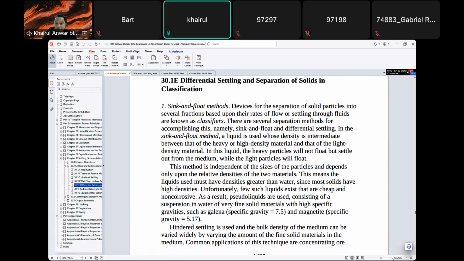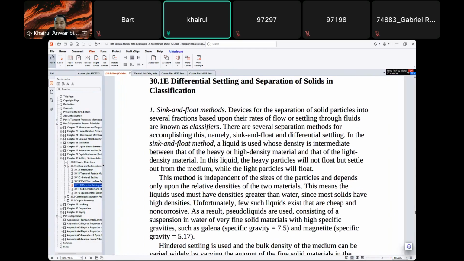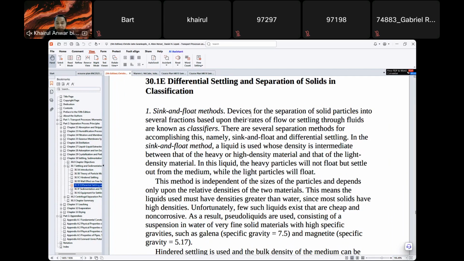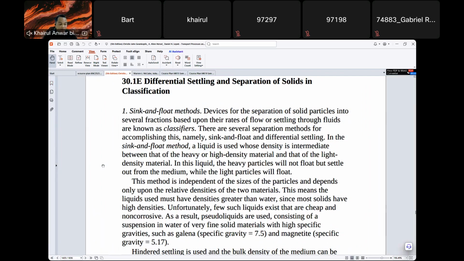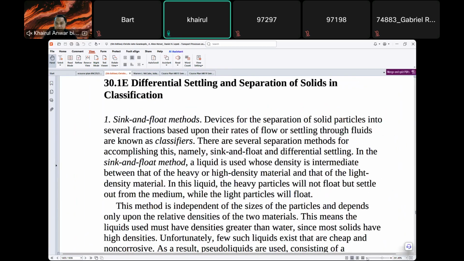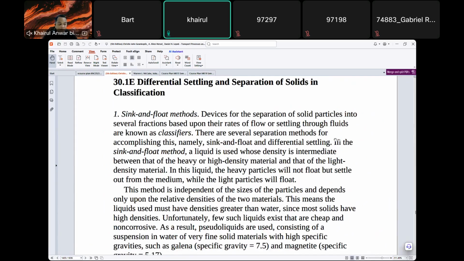A device for the separation of solid particles into several fractions based upon the rate of settling in a fluid is known as a classifier.